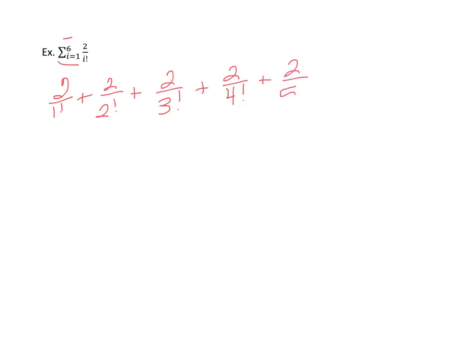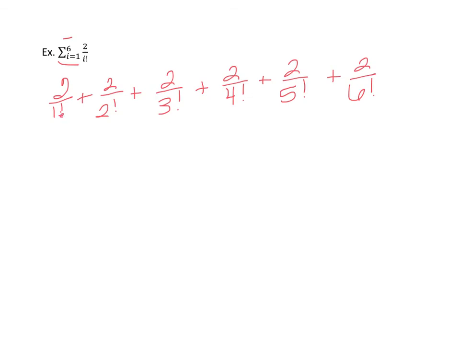Okay, summation notation with a factorial. I've got to go from term 1 to term 6. So that's 2 over 1 factorial, 2 over 2 factorial, 2 over 3 factorial, 2 over 4 factorial, 2 over 5 factorial, and 2 over 6 factorial.